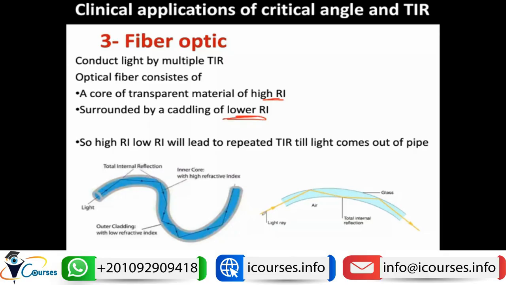So when the light is passing through the fiber optic, it will undergo a series of total internal reflections until it reaches the examiner's eye. The light will undergo total internal reflection as it passes from the material of higher refractive index to the material of lower refractive index, until the light comes out from the pipe.